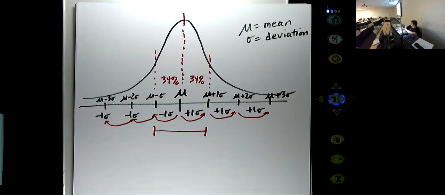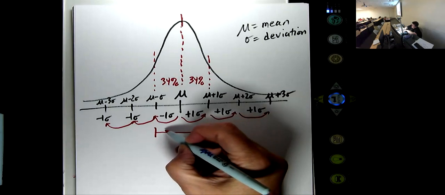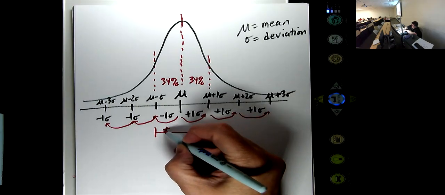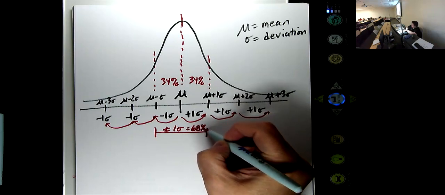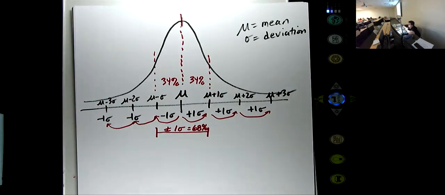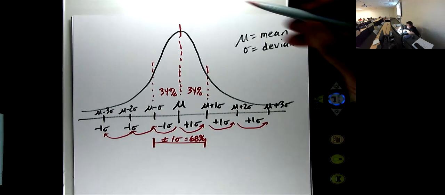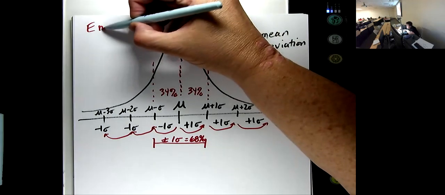If the bell curve is flatter and the data is spread out more, the deviations have to be further from the mean. This makes it so that within plus or minus 1 deviation, we have 68% of the data. 34 plus 34. And this is called the empirical rule.